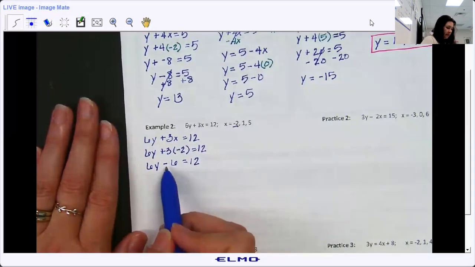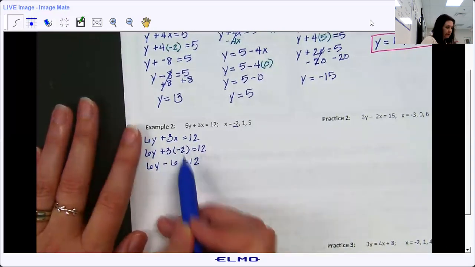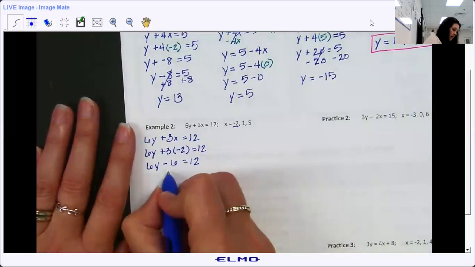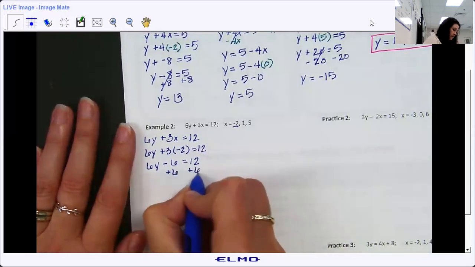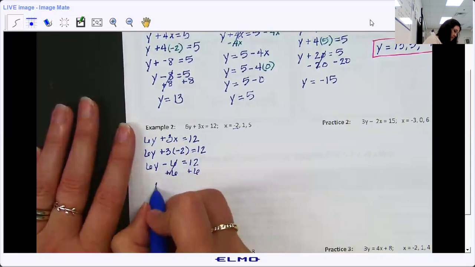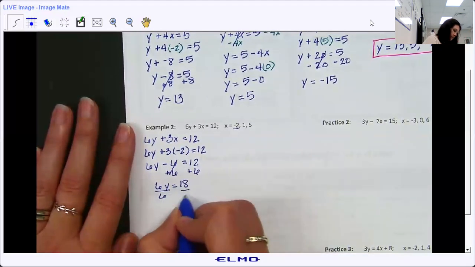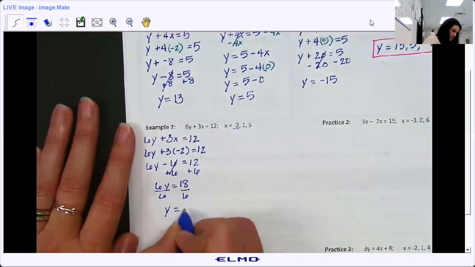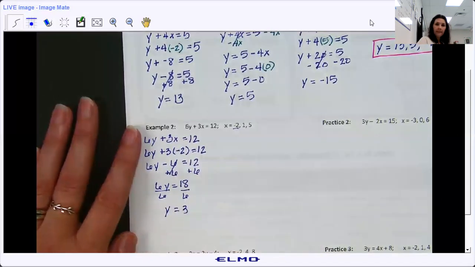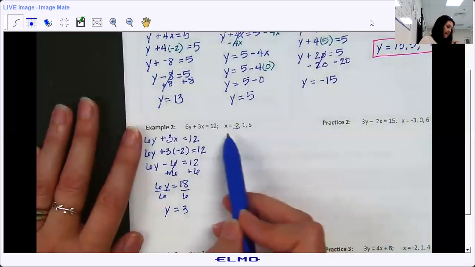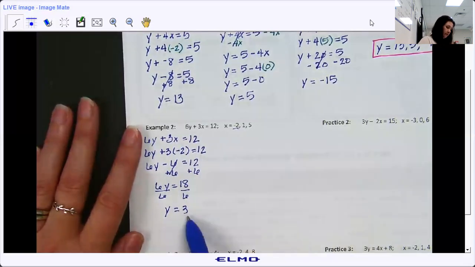Why is it minus? Because a positive 3 times a negative 2 is a negative 6. And then I will add 6 to both sides. 6y equals 18. And then when I divide both sides by 6, y equals 3. Okay. So when x is negative 2, y is 3.